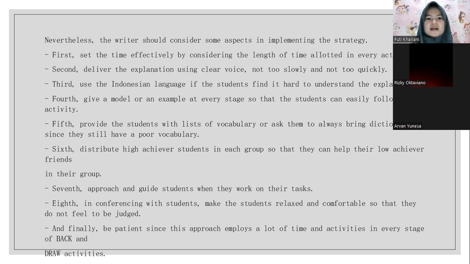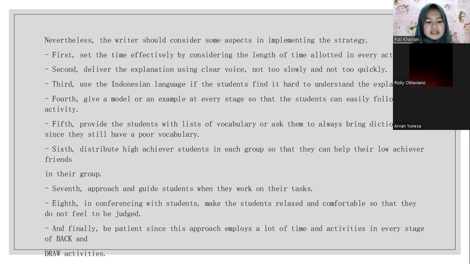Nevertheless, the writer suggests considering some aspects in implementing the strategy. First, set the time effectively by considering the length of time allotted for every activity. Second, deliver the explanation using a clear voice, not too slowly and not too quickly.